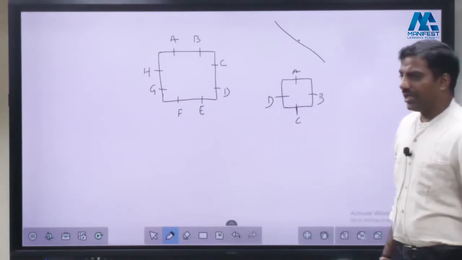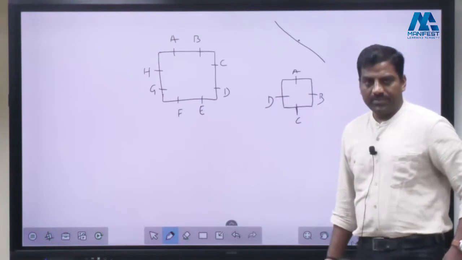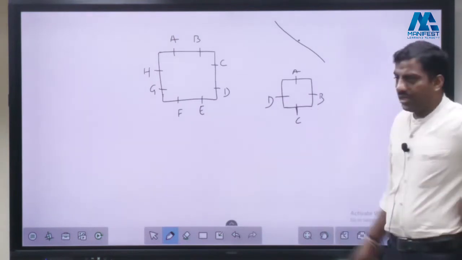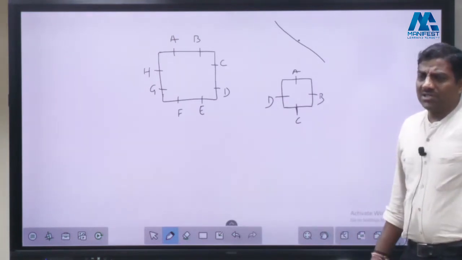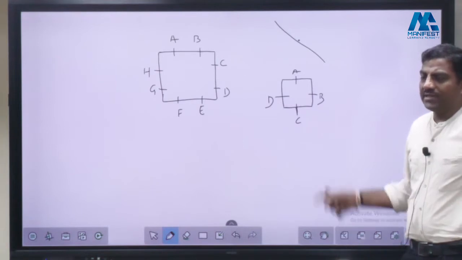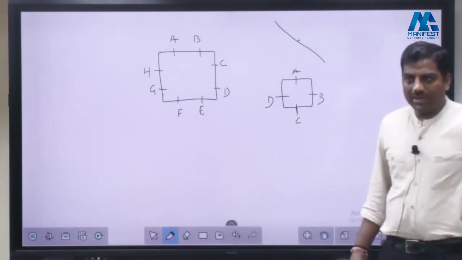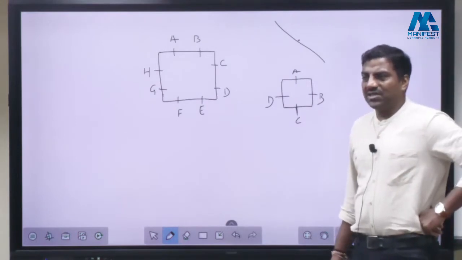Now tell me, the positions of A and D here, does it make much difference? Does it make, for example, if you take the photo from the top, much difference?